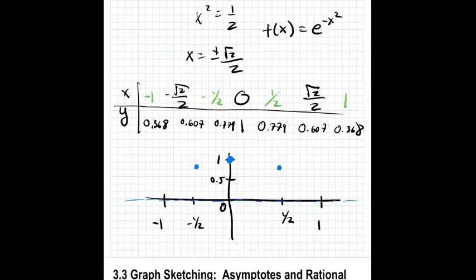When it's 1, 0.368 is almost 0.4, so about there. And over here was similar. And then root 2 over 2, it's like 0.7, there's at 0.6, so about like there.